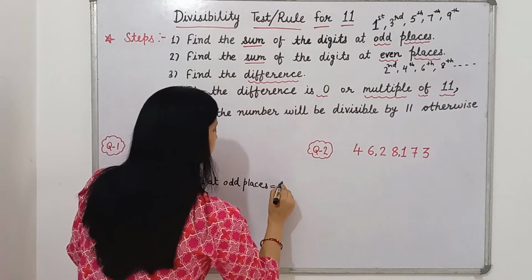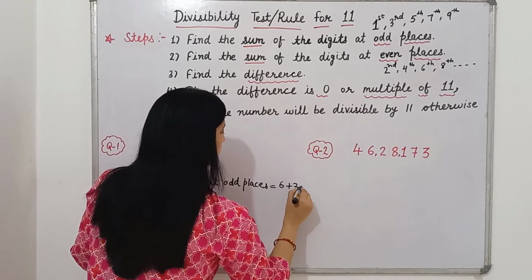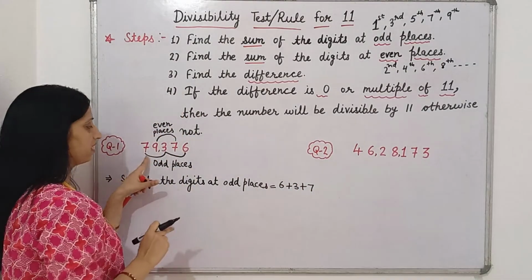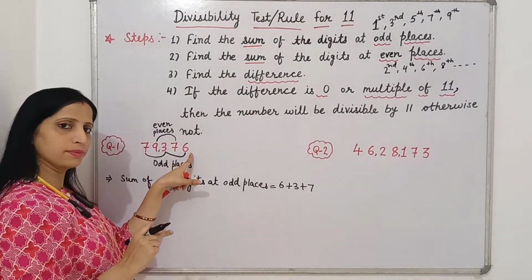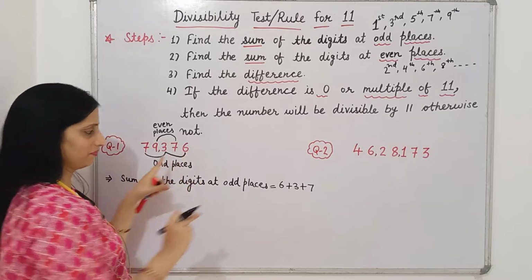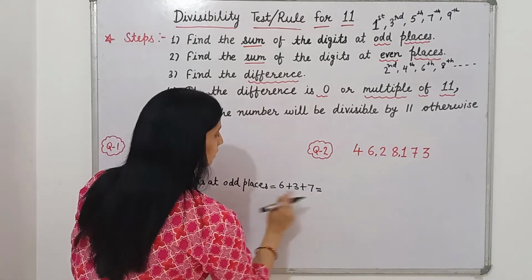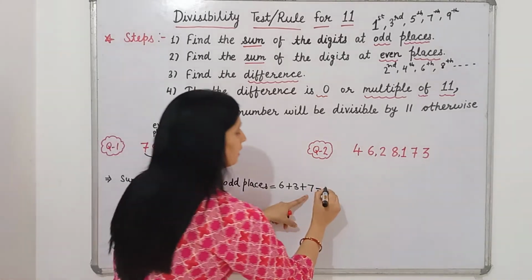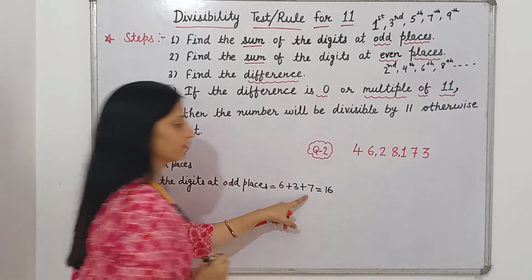So we can write 6 plus 3 plus 7, or we can write in this order also, 7 plus 3 plus 6. By both ways we will get the same sum. Now add this. 6 plus 3 is 9, 9 plus 7 is 16. So we will get 16.